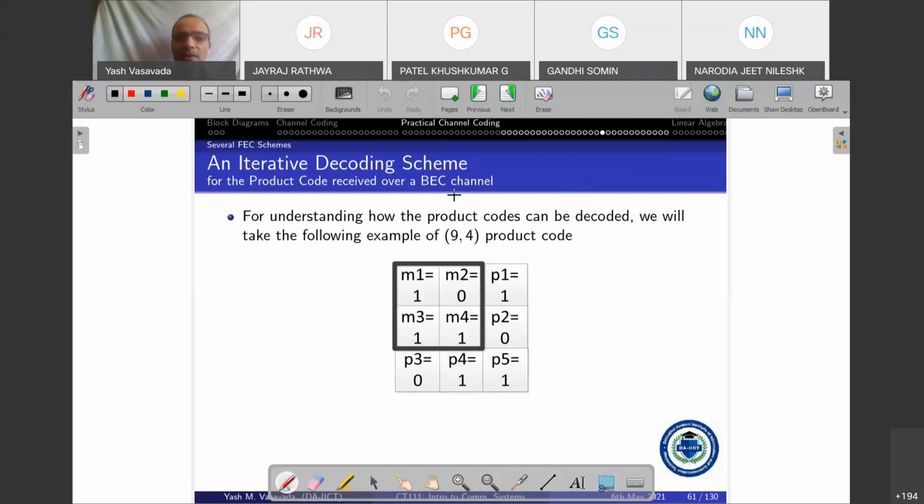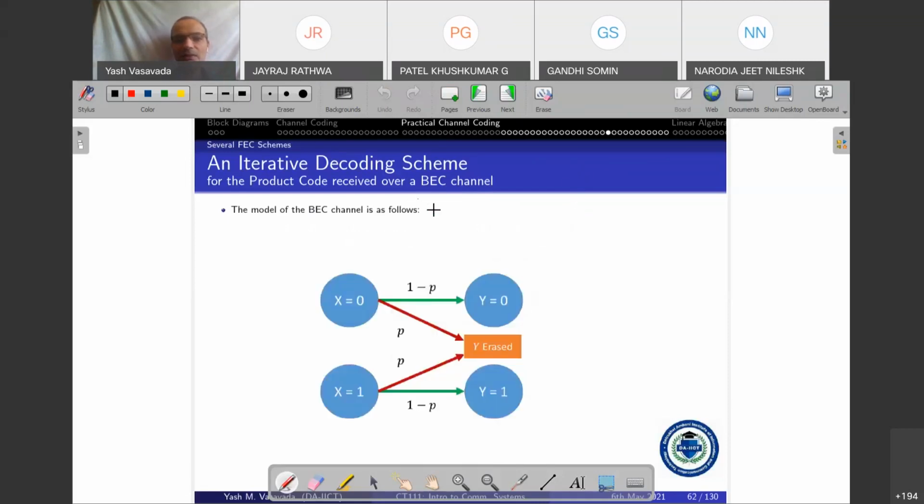Now, for the sake of simplicity, I'm going to consider the binary erasure channel, okay? Not the BSC. Remember the binary erasure channel, how it looks like? The transmitter still sends zeros and ones, and hopefully majority of the times, with a probability of 1 minus p, the receiver will get 0 if the transmitter has sent 0. The receiver will get 1 if the transmitter has sent 1.